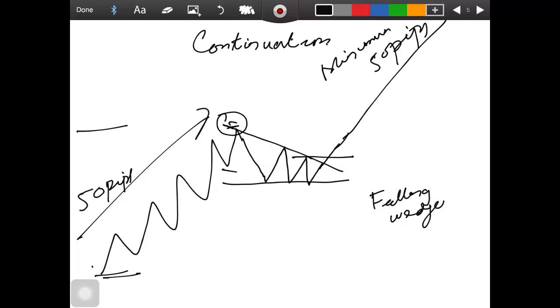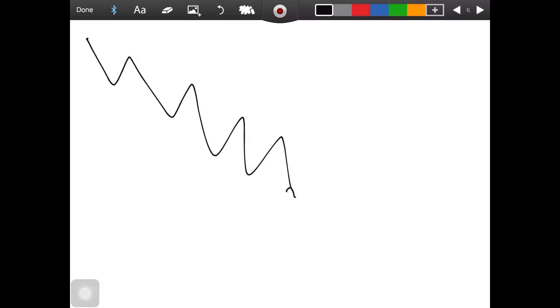Okay, for the example of the rising wedge, it happens in a downtrend. Okay, so you see a downtrend happening. There are two things that can happen. A reversal can happen in the form of a double bottom and then it goes back up.